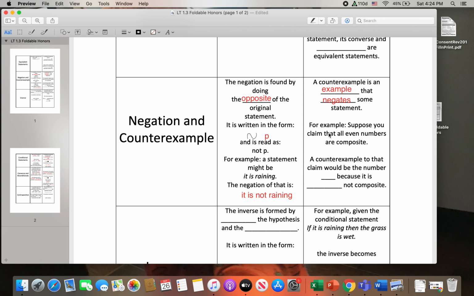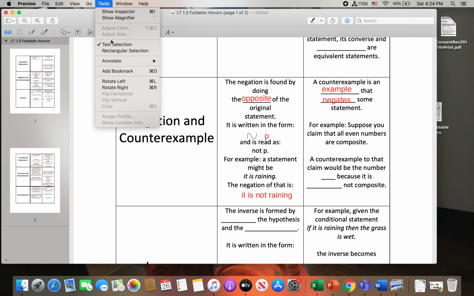For example, suppose you claim that all even numbers are composite, composed of, like 8 is composed of 2 times 4, or 10 is composed of 2 times 5. So can you think of an even number that isn't composed of something other than 1 and itself? That may be the hint.